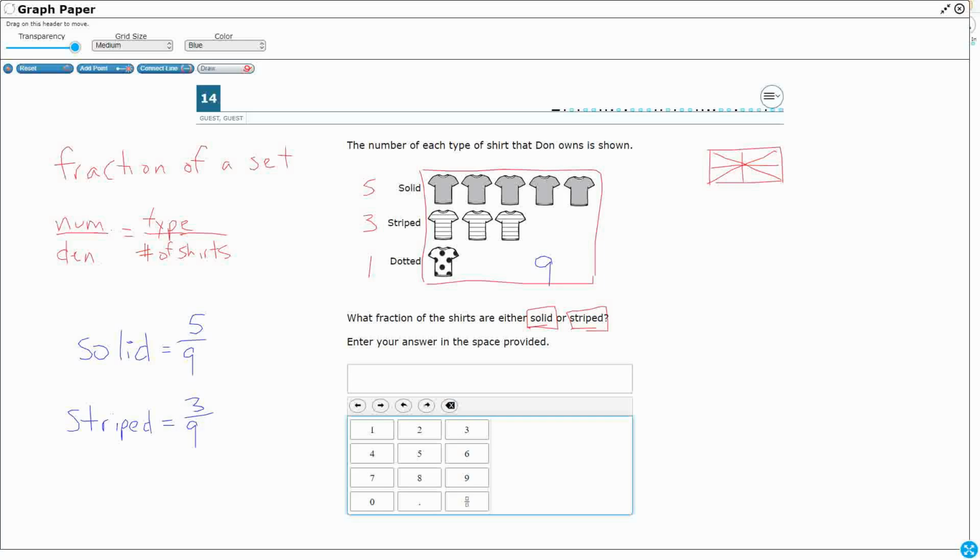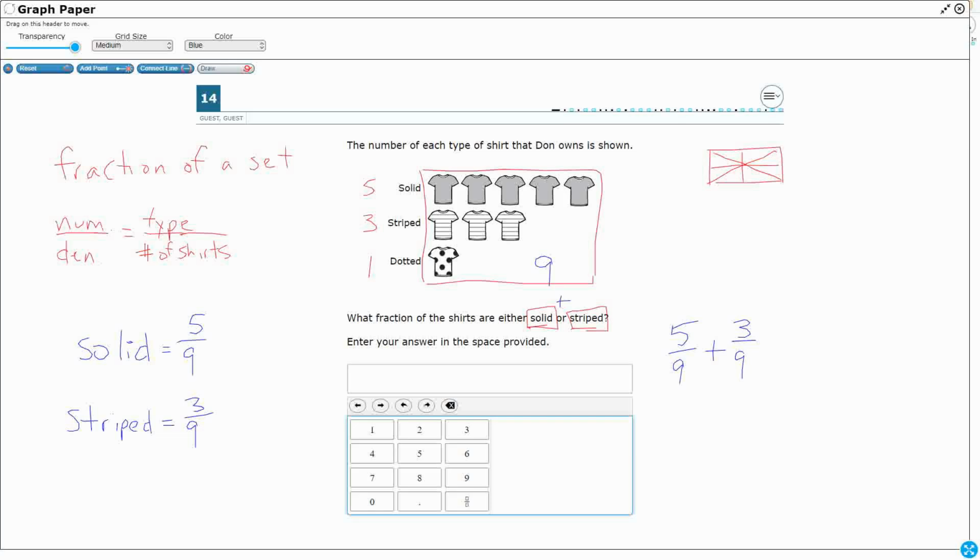So when we're trying to figure out what fraction of the shirts are either solid or striped, we actually need to add these two. So we've got 5/9 and 3/9. Now we've got the same unit for both, ninths and ninths.